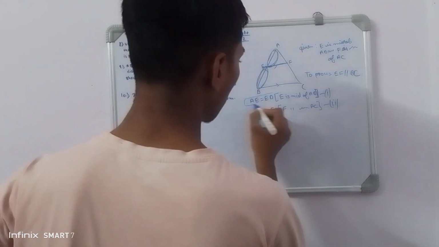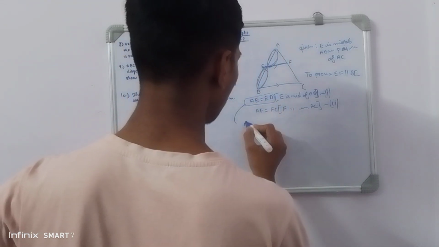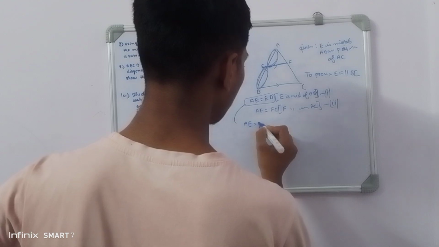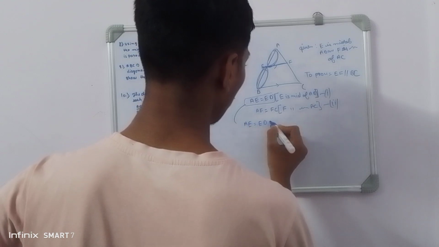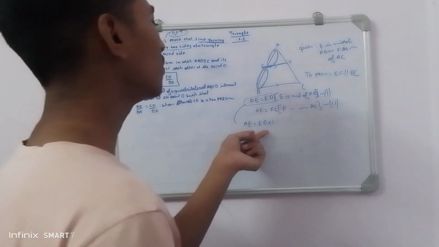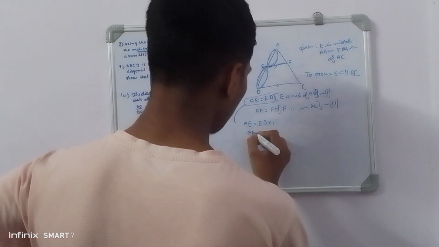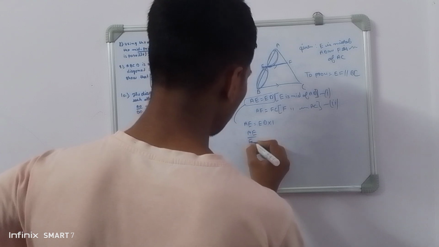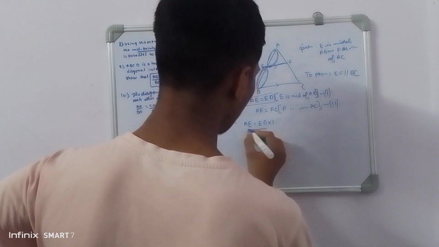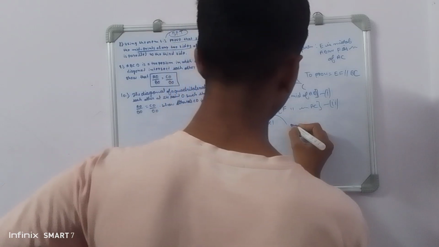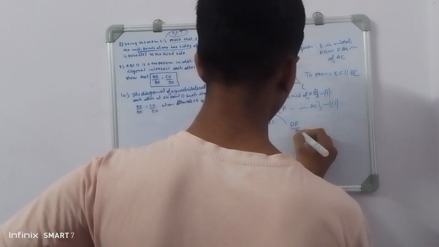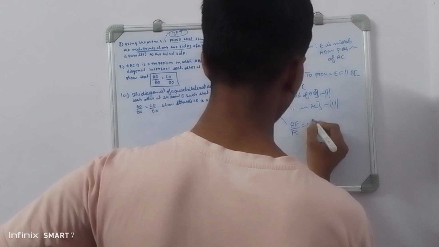Now simplify these equations. AE is equal to EB multiplied by 1, because whenever you multiply by 1 nothing changes. So this can be written as AE by EB is equal to 1, and this equation can be written as AF by FC is equal to 1.